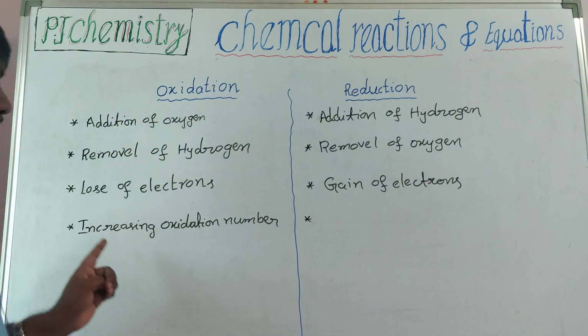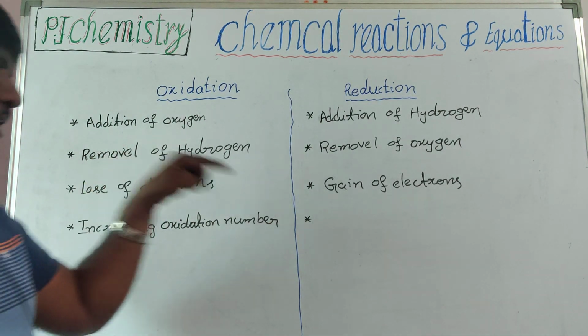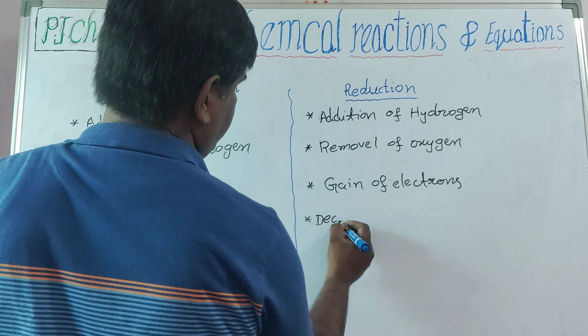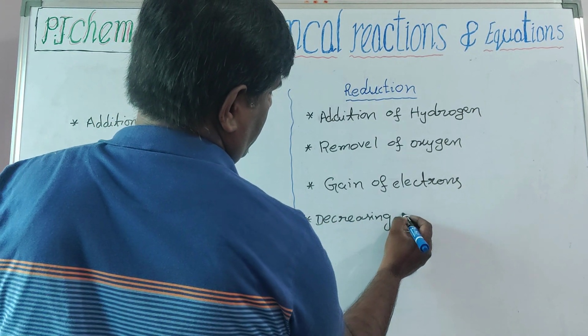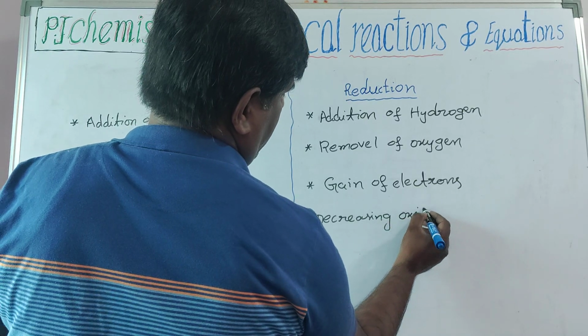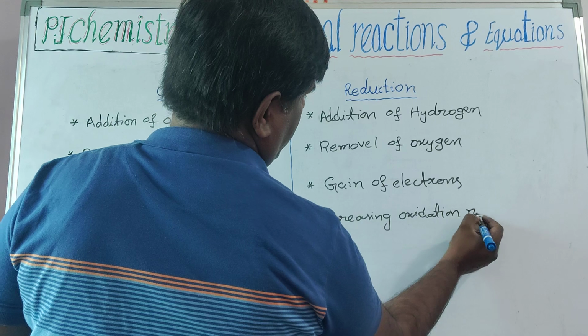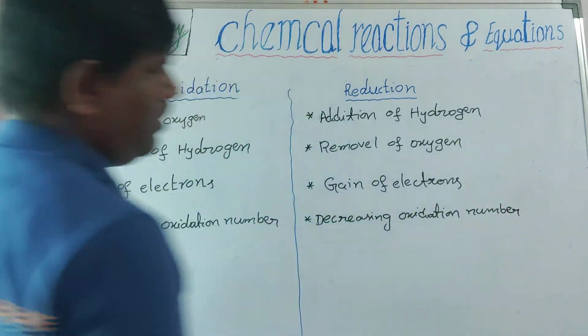Next, here increasing oxidation number is oxidation. Here decreasing oxidation number is reduction.